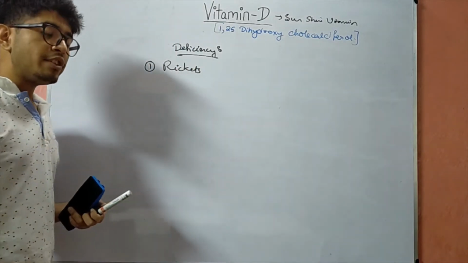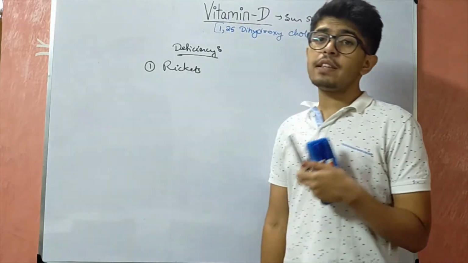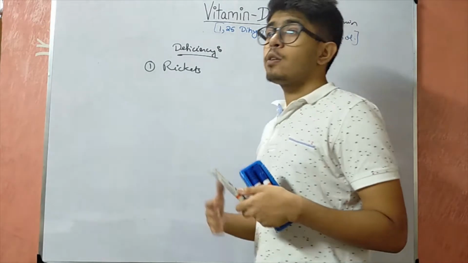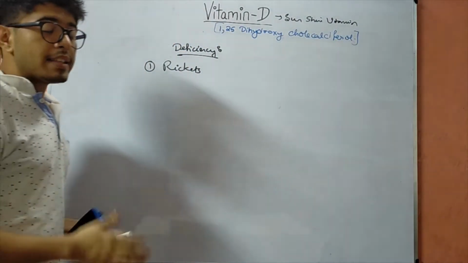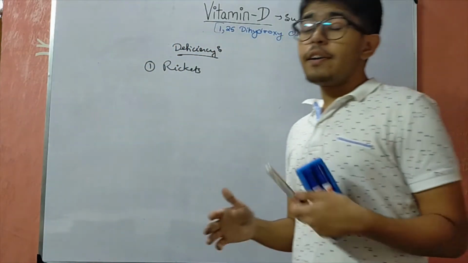When there is deficiency of calcium in the blood, the parathyroid level inside the body will increase, and therefore it is a secondary cause which will lead to the increase in the parathyroid hormone when a patient is suffering from rickets or renal rickets.